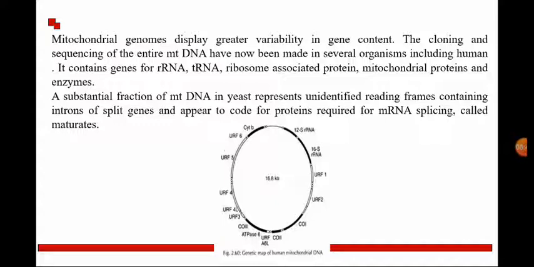A substantial fraction of the mitochondrial DNA represents unidentified reading frames containing introns of split genes and appears to code for proteins required for mRNA splicing.